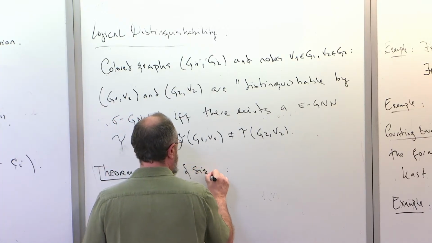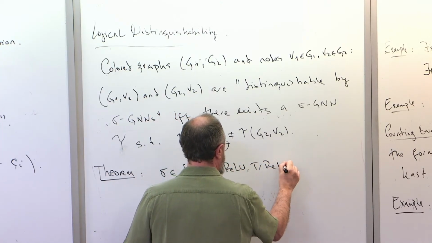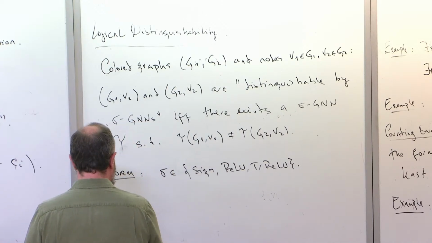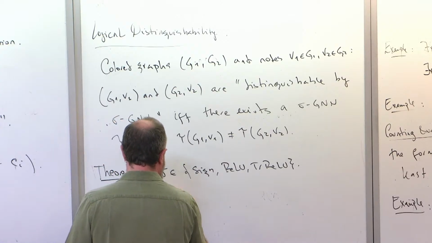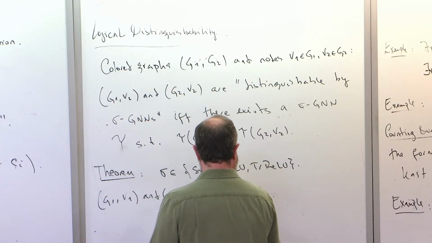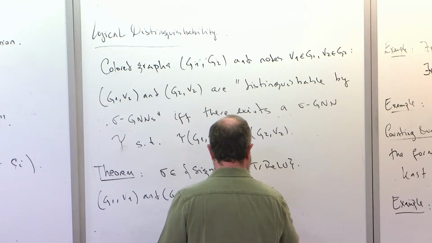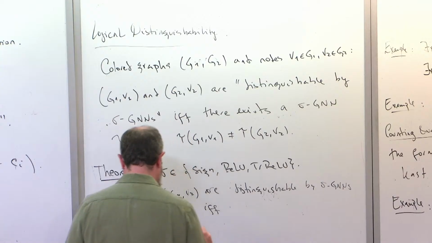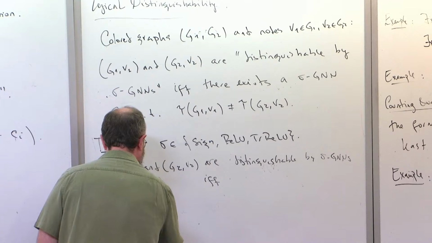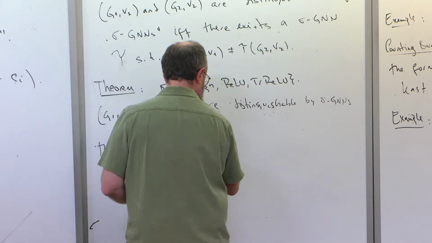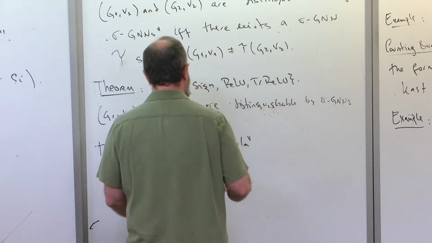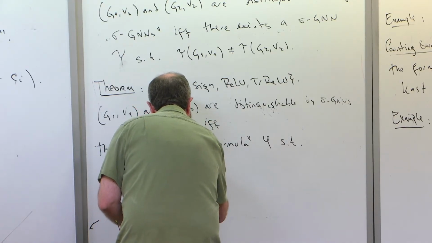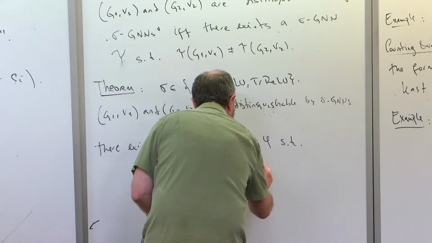If sigma is any of these activation functions, the ones that we saw here, then G1, B1, and G2, B2 are distinguishable by sigma GNNs if and only if there exists a GML formula, something I haven't defined, but I will define immediately afterwards, phi, such that B1 belongs to the interpretation of phi over G1, but B2 doesn't belong to the interpretation of phi over G2.